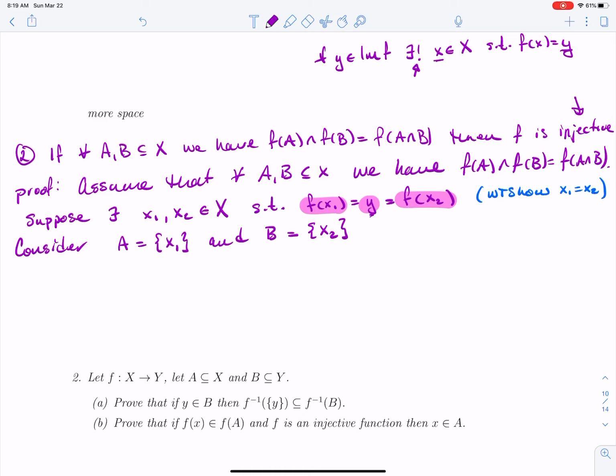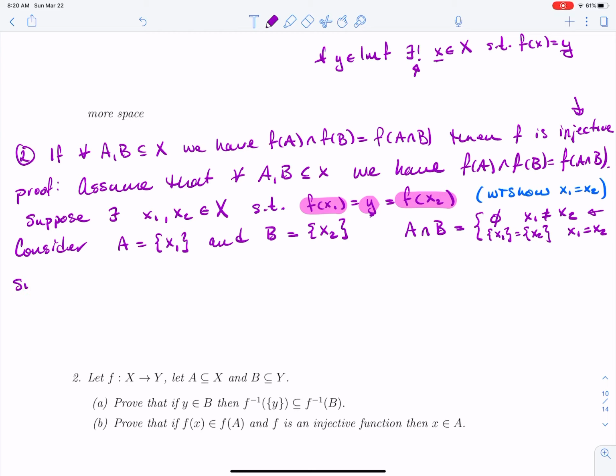Then what do we have? If we look at A intersect B, that's either going to be the empty set if x1 is not equal to x2, or it's just going to be x1, which is equal to x2, in the case that x1 does equal x2. And since that's the case we want, that's where we want to land, so we need to eliminate this possibility. Okay? So let's see what happens if it is the empty set.